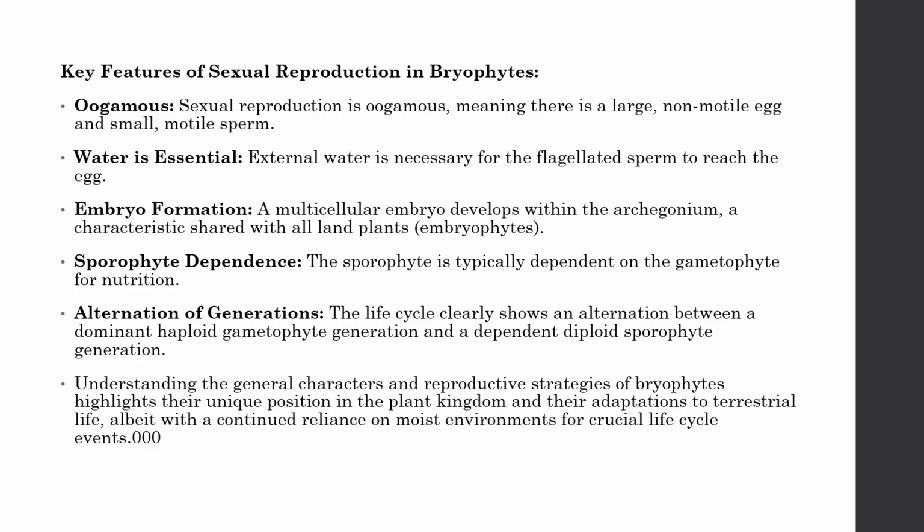These are called embryophytes. And sporophyte dependency: the sporophyte is typically dependent on the gametophyte for nutrition. You can find alternation of generations. The life cycle clearly shows alternation between a dominant haploid gametophytic generation and a dependent diploid sporophytic generation.